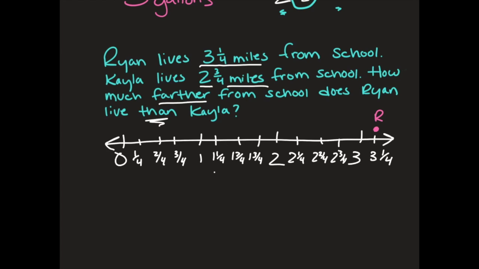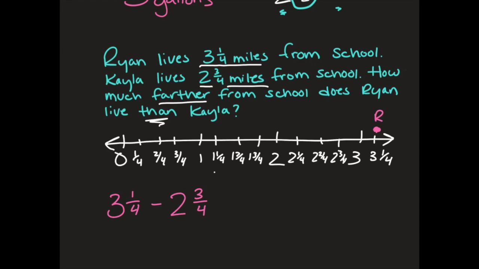And now Kayla lives, so Ryan lives 3 1/4 mile from school, and then Kayla lives 2 3/4 mile from school. So I'm going to write my number model right here, and I'm going to subtract, because I want to know how much further Ryan lives. So I have 3 1/4 minus 2 3/4. So I'm doing some subtracting here. So now if I'm at 3 1/4, which is right here, I need to subtract now 2 3/4.